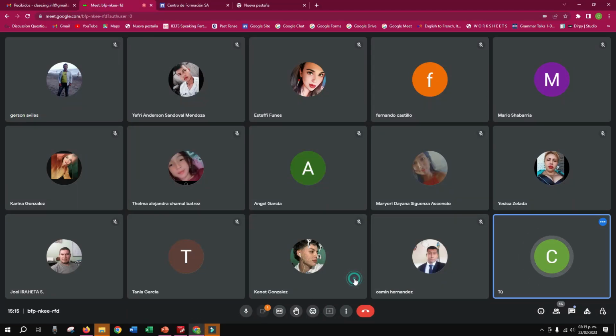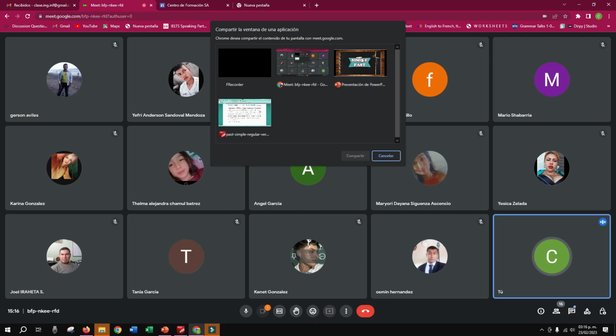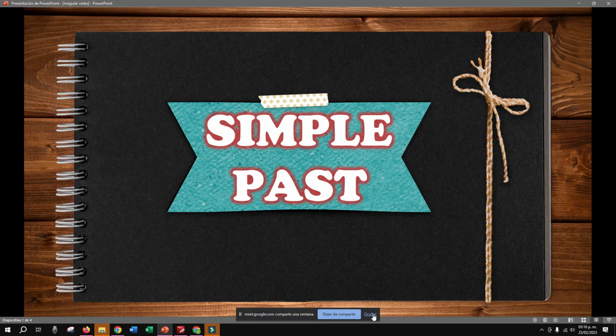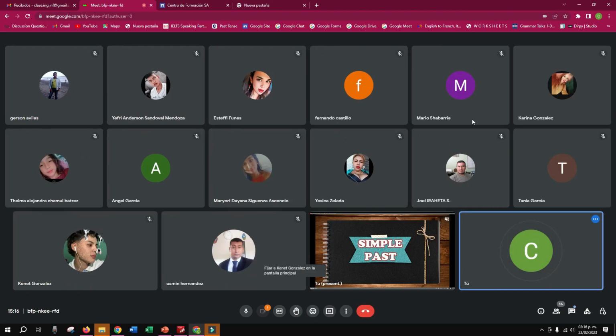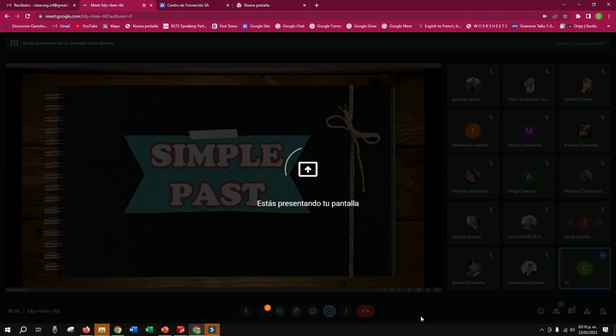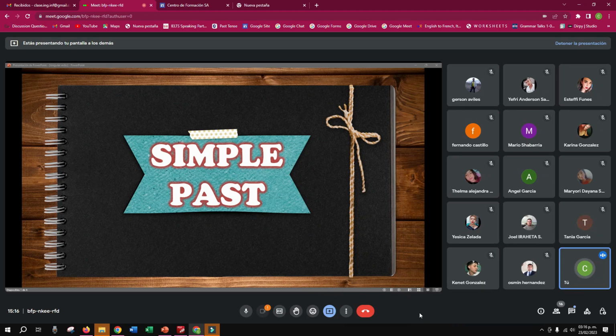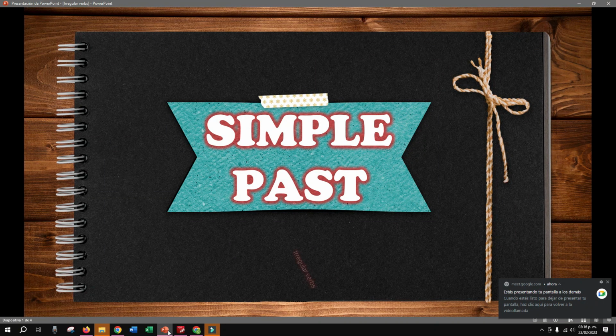Okay, so let me share this with you. This is the part that we need to study in order to learn the simple past, right? So it says irregular verbs in English.